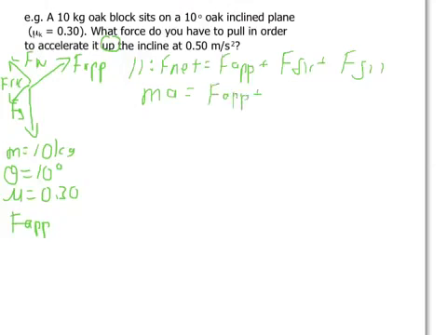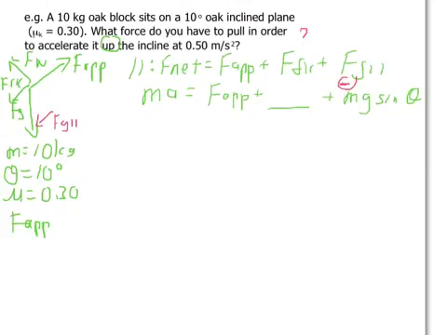The force of kinetic friction, we don't know actually, so let's just leave it as a blank right now. And the force of gravity in the parallel direction is mg sine theta. Remember, now we're substituting mg sine theta. The force of gravity in the parallel direction is actually negative because it's going downhill.